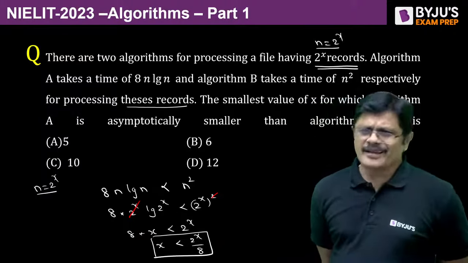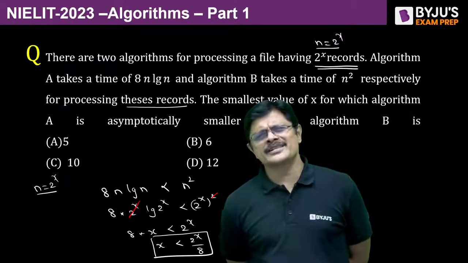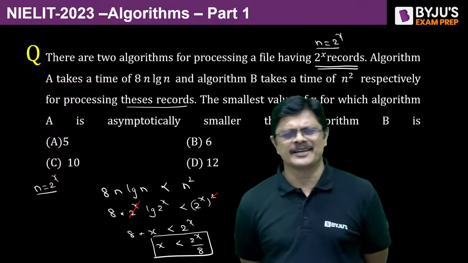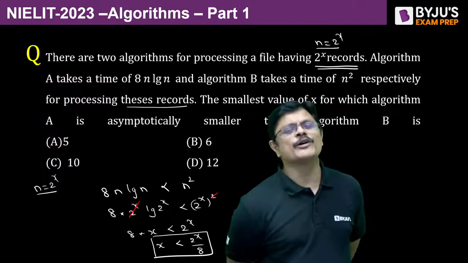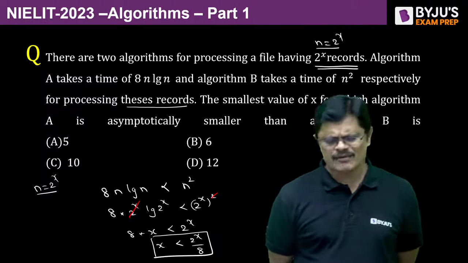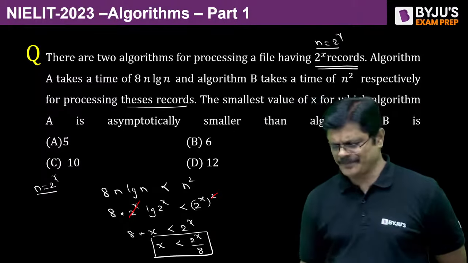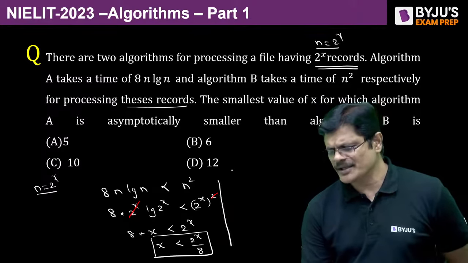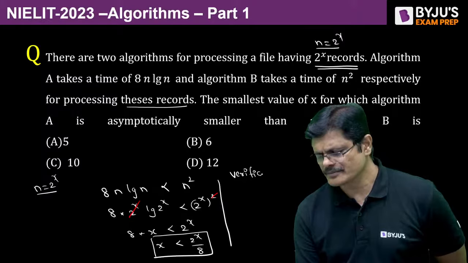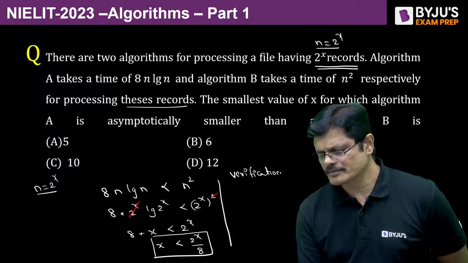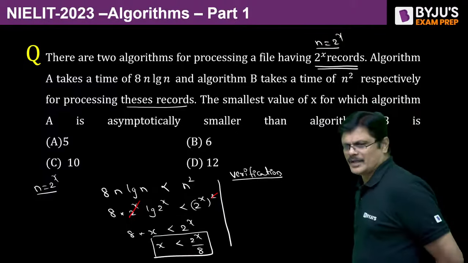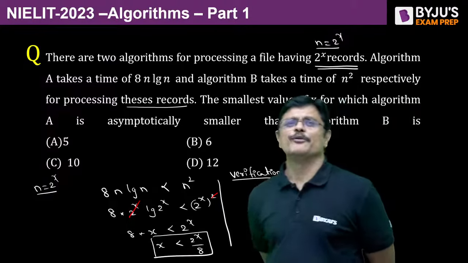Again, verifying: don't always solve it like this, my dear friends. Here the x values are given, so substitute and verify. You can directly substitute the values of x: 5, 6, and so on. Substitute 4 values and verify.